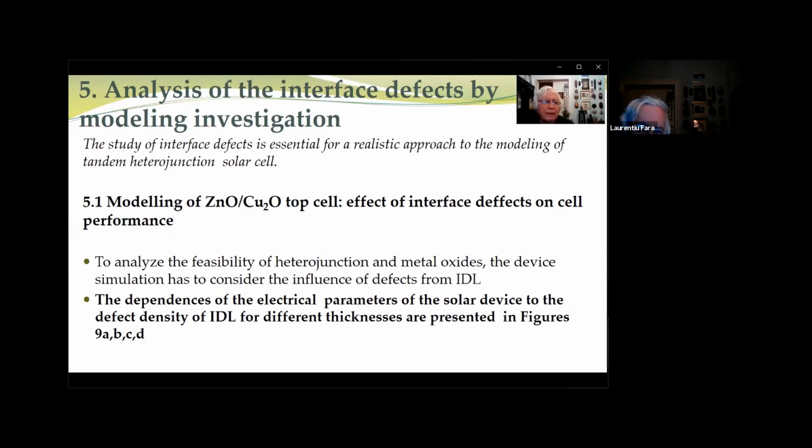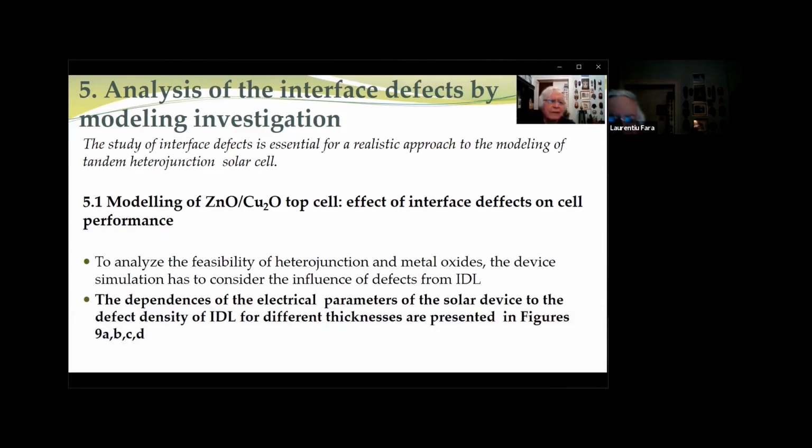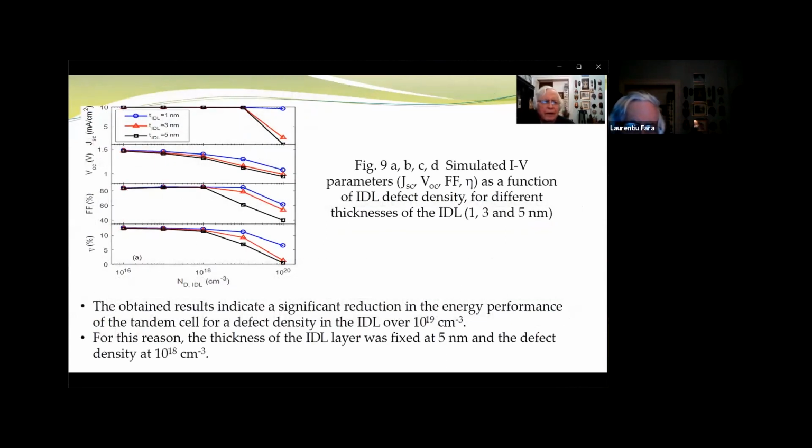The dependence of the electrical parameters of the solar device on the defects of IDL for different thicknesses are presented in the next figure, figure number 9, A, B, C, and D. And here we have the presentation of the current, open circuit voltage, filling factor, and efficiency for different thickness and as a function of IDL defect density.